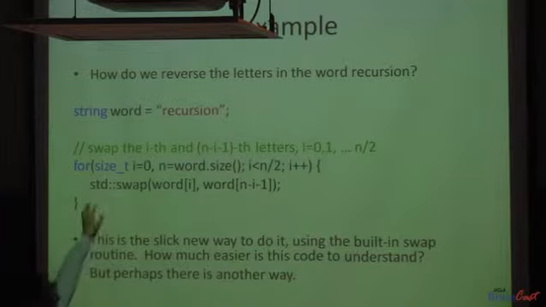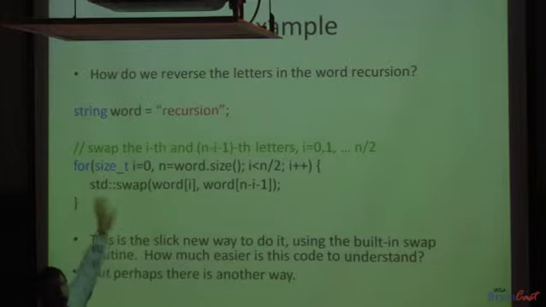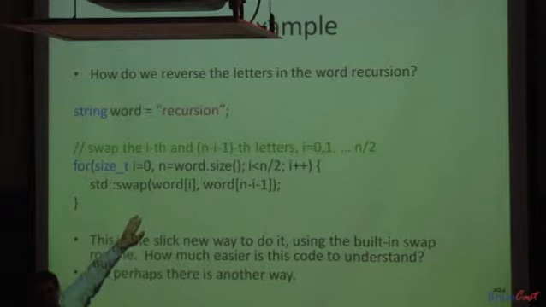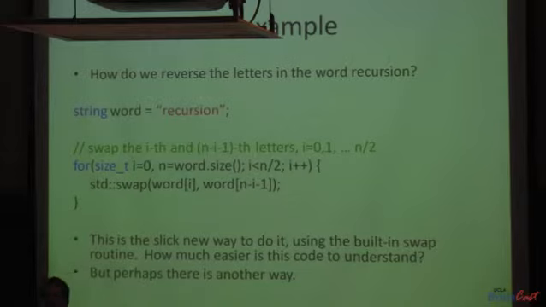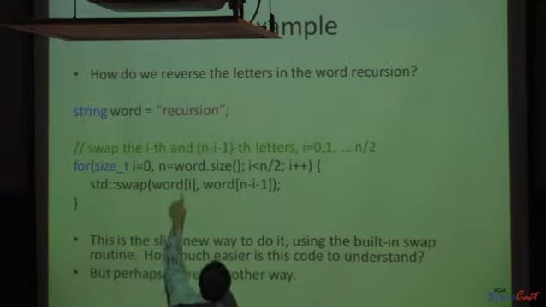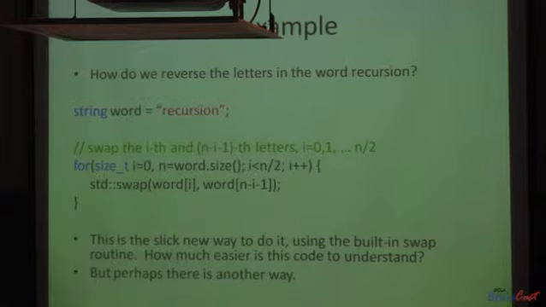I would prefer you to explore built-in functions like swap. I think you have to #include <algorithm> to unlock this. But this is better than writing out those 3 lines of code individually because A, you might mess it up, and B, this is a little bit easier to read. What are you doing? You're swapping the ith letter with the n minus i minus first letter. So this is not using recursion at all. There's no recursion here.